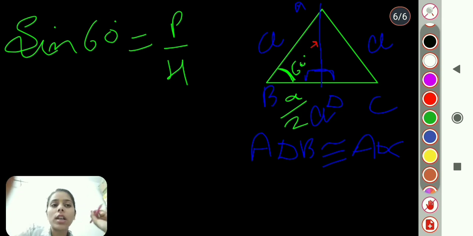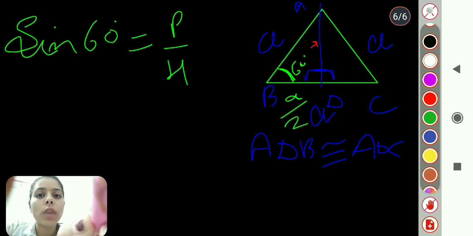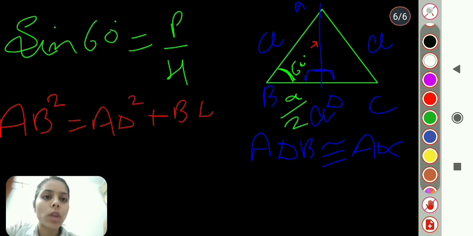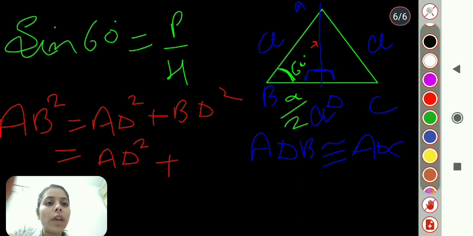So first of all I have to find the value of this AD. I will find this value with the help of Pythagoras theorem. I am given the hypotenuse and base, so I use Pythagoras theorem to find the perpendicular AD. AB square is equal to AD square plus BD square, right? The value of AD square is not given. The value of BD square is A square upon 4.